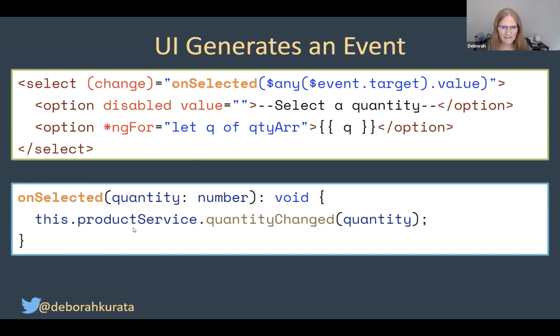I can't in here emit the value because I cannot get access to that private subject. So I instead need to call the service, and it will in turn emit the value.